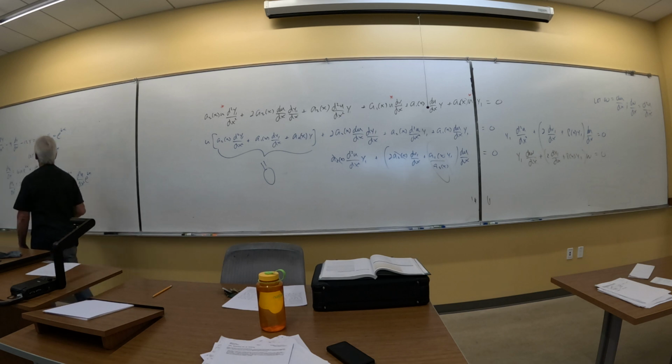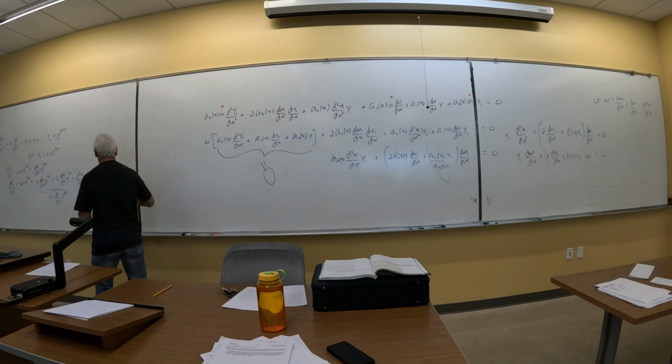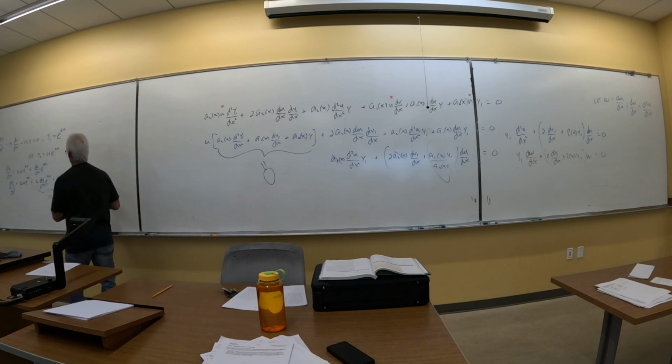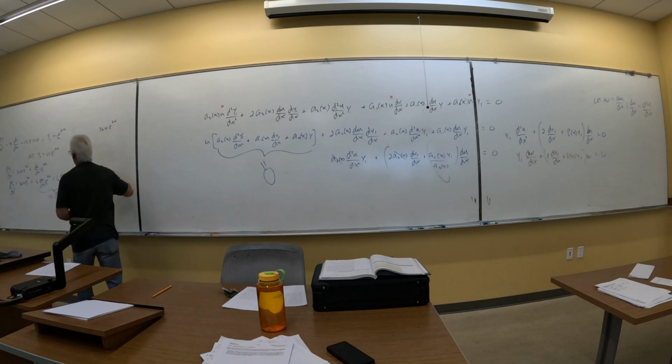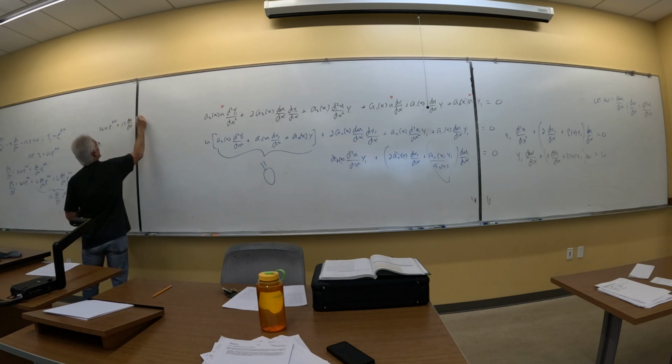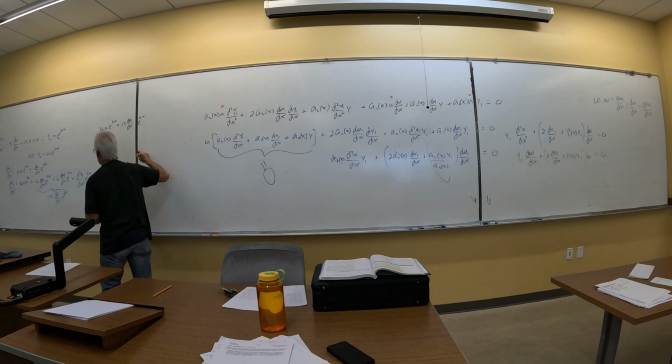All right. So I'm going to put these guys into the original equation. So I have 36u e to the 6x plus 12 du dx e to the 6x plus d squared u dx squared e to the 6x.